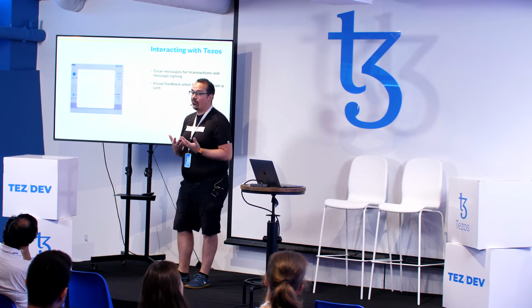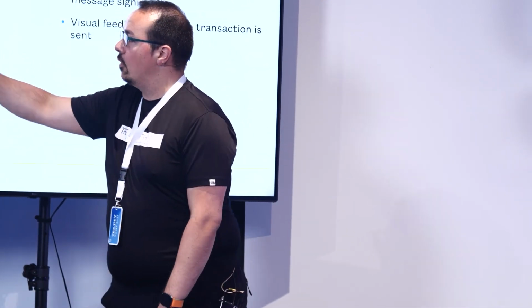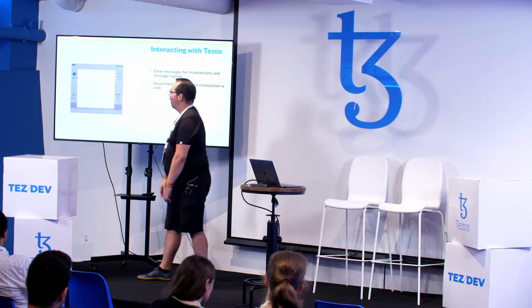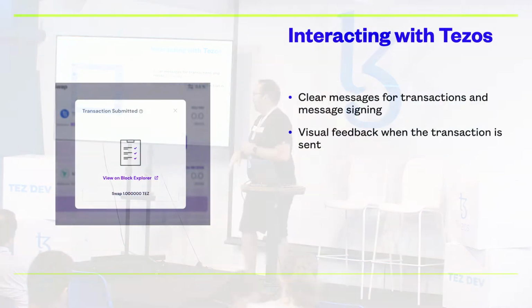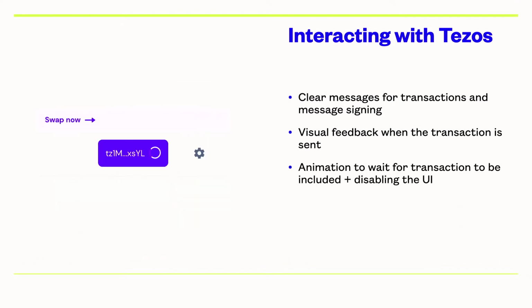There's a lot of visual feedback like that to tell the users. You see here, you understand that the transaction is submitted. You can check the hash on the blockchain, and now you wait, and the user understands what's happening, and they're going to wait.